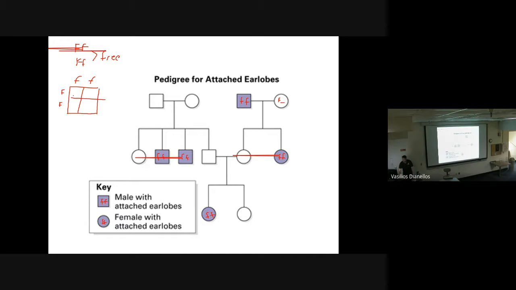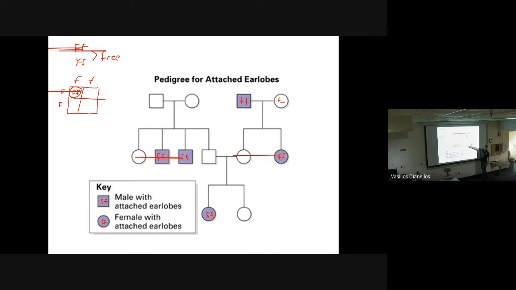So let's see if it's big F, big F. If we cross homozygous dominant and homozygous recessive, as you might remember from the test cross we just did, 100% of the offspring would be big F, little f, right? Does that make sense? You guys with me on that? If you mate a homozygous dominant with a homozygous recessive, 100% of the offspring are going to be heterozygous. So the question is, are 100% of their offspring heterozygous?